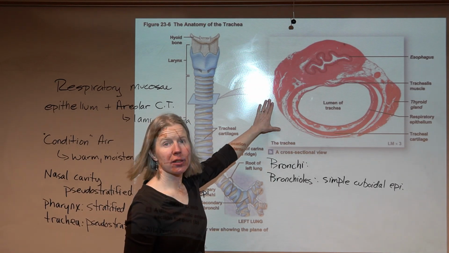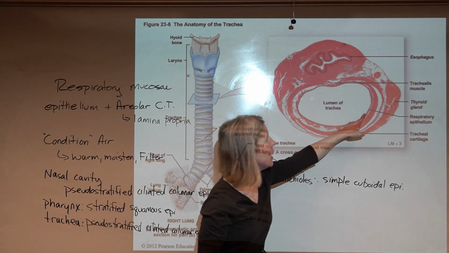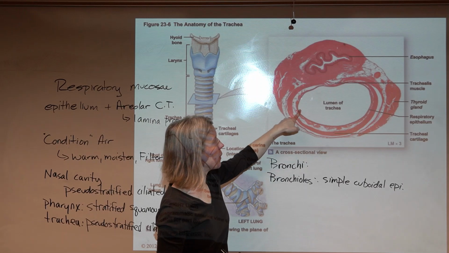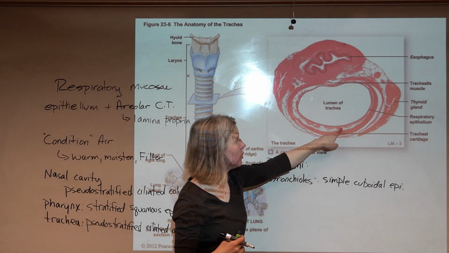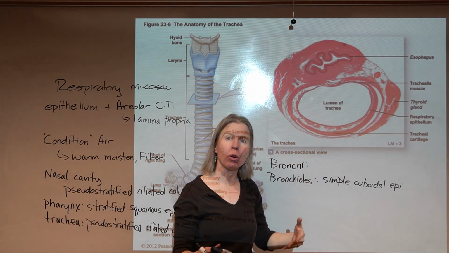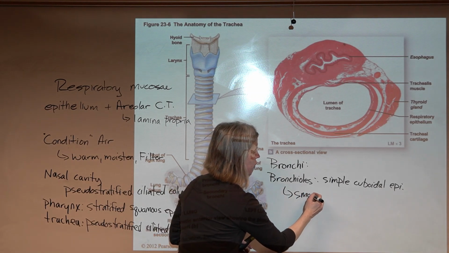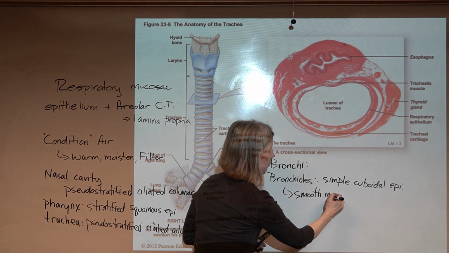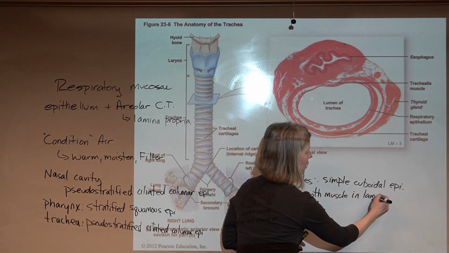So this is a cross-section of the trachea, right? We see the cartilage ring of the trachea, and here they're pointing out the respiratory epithelium. If you were in a bronchiole, right, out here in the connective tissue, you would see a lot more smooth muscle. So we see a big increase in the smooth muscle in that lamina propria.